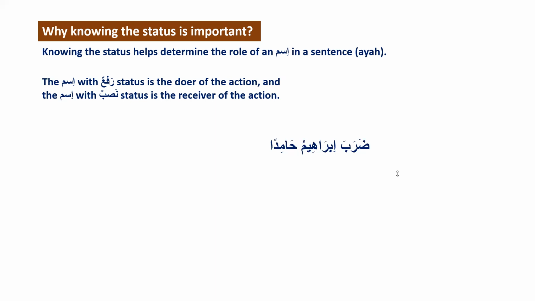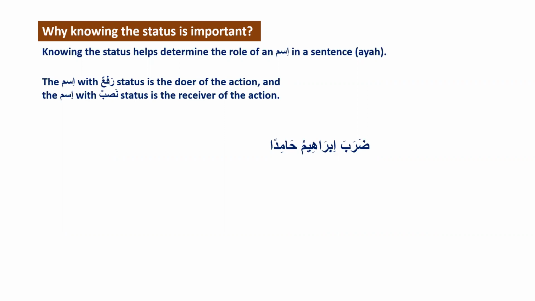Saad Iqbal, he's one of our youngest in our class. Assalamu alaikum. Wa alaikum assalam. So if he answers this question correctly, everybody should know. Ibrahimu. Ibrahim is an ism. So Saad, can you tell me what is the status of Ibrahimu? Rafa, nasab or jar?